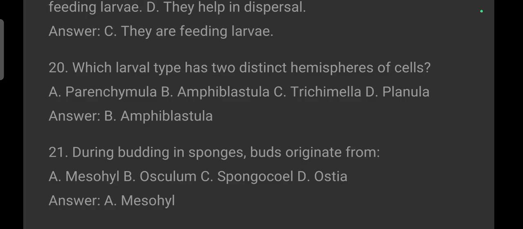That's why we say it has two distinct hemispheres. But in case of parenchyma, it is covered all over the body by motile cilia and flagella, which help for movement.